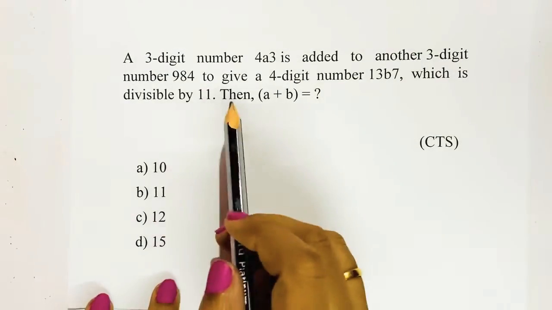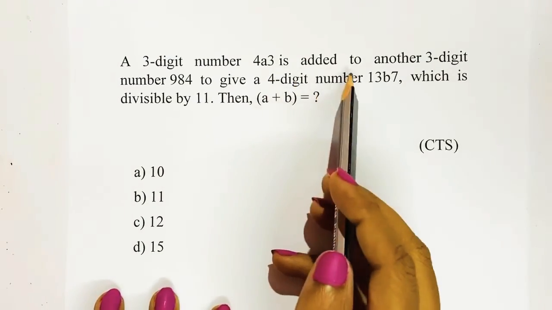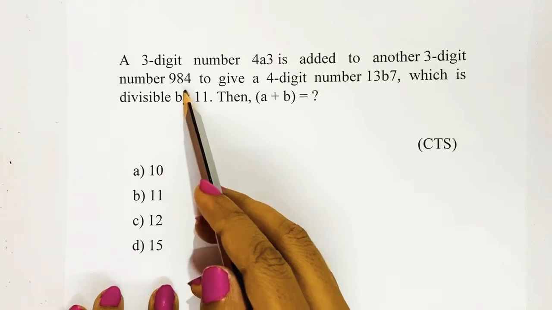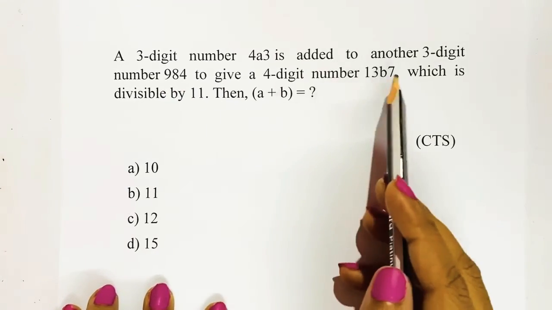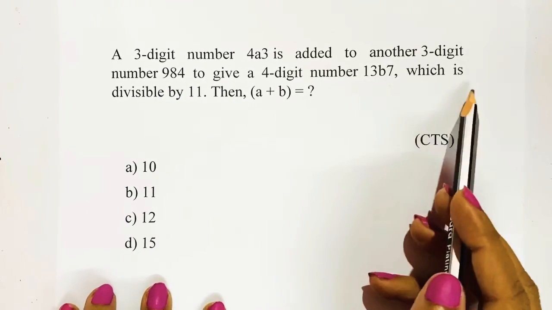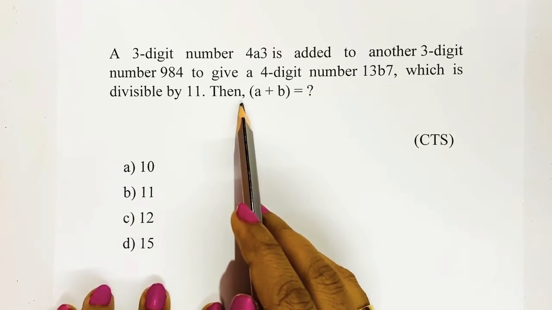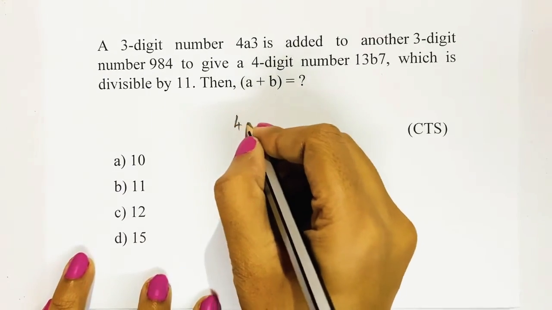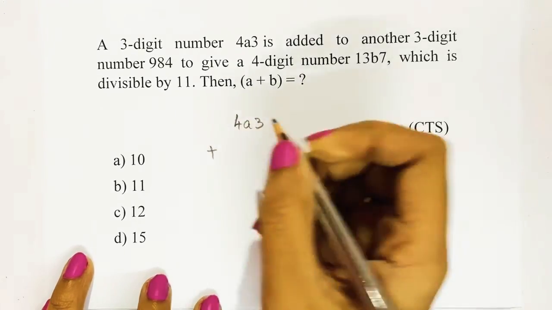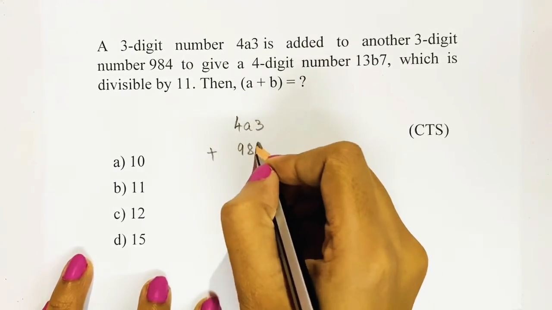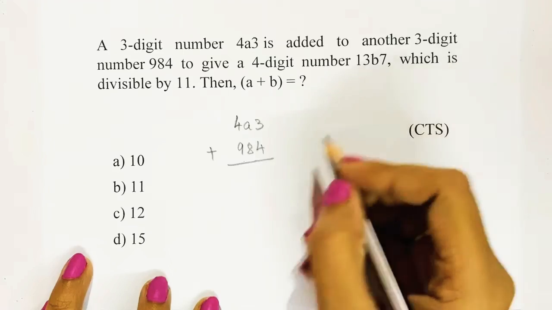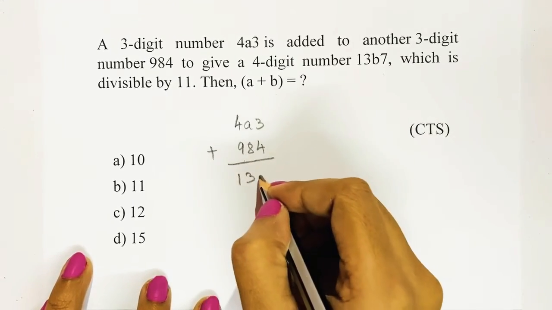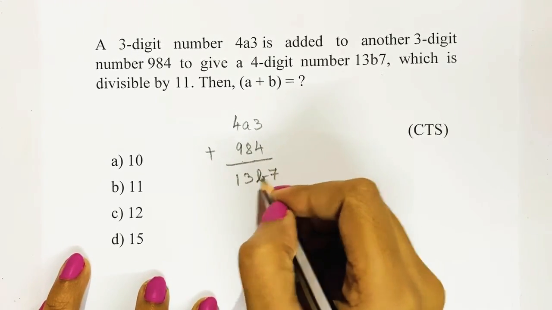A 3-digit number 483 is added to another 3-digit number 984 to give a 4-digit number 13B7, which is divisible by 11. Then A plus B is equal to... They are saying 483 plus 984 is equal to 13B7.